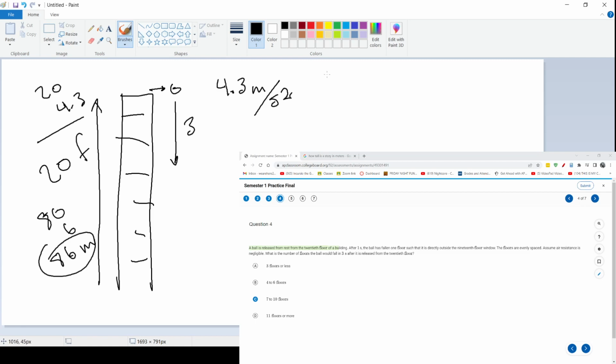Now we're going to use a funny little equation: distance final equals distance initial plus velocity initial times time plus half the acceleration times time squared.